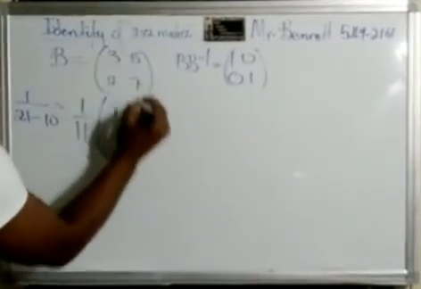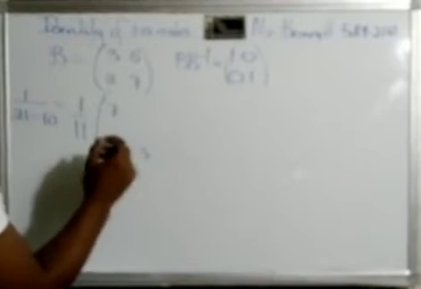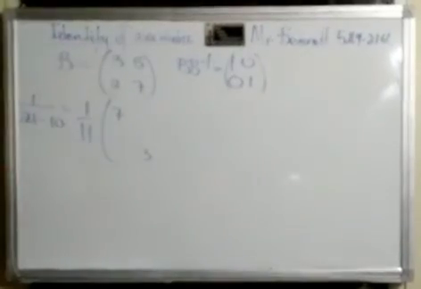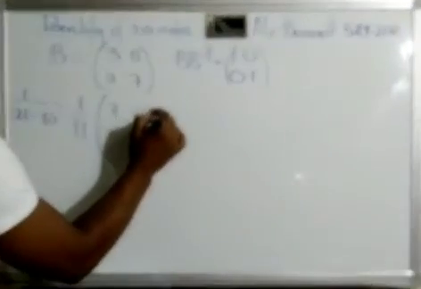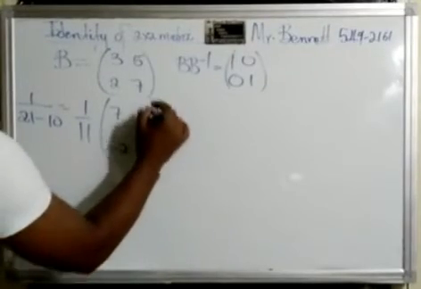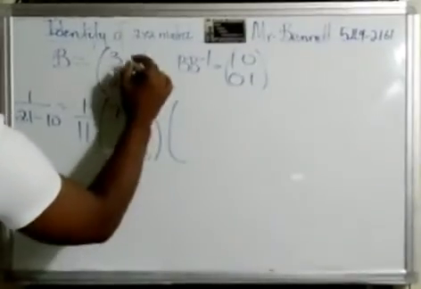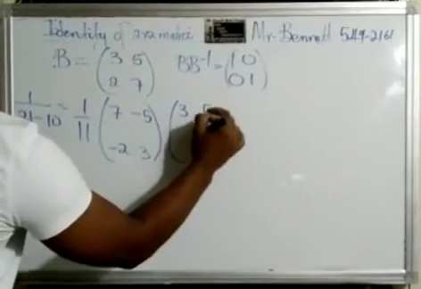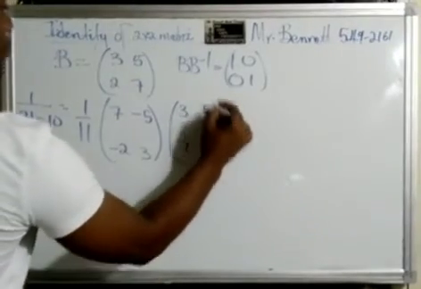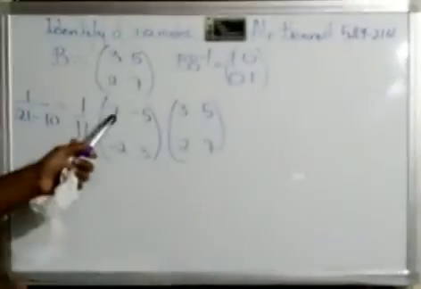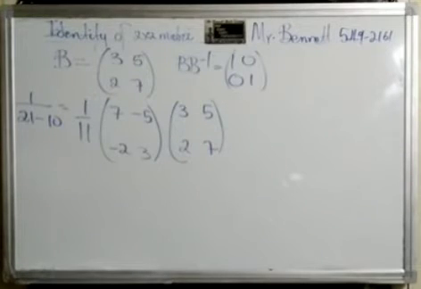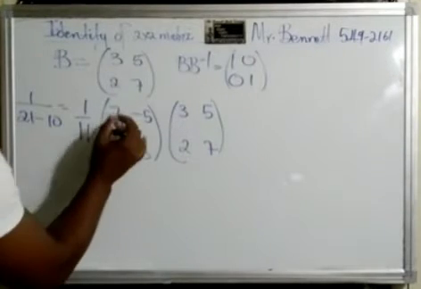7 goes up, change the position of 7 and 3, and then we change the sign of this, which is negative 5, negative 2, and we multiply it by the original, which was 3, 5, 2, 7. So notice we changed 7 and 3. Now we're going to multiply row by column.